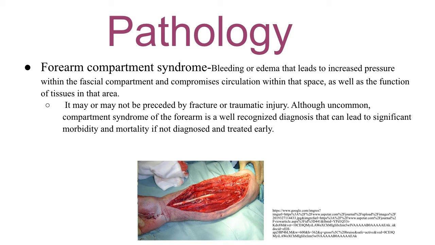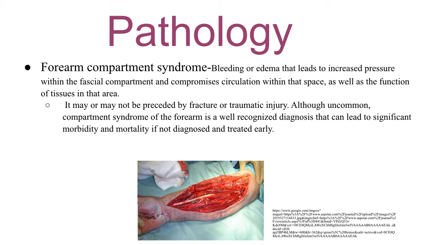Pathology. Forearm compartment syndrome is bleeding or edema that leads to increased pressure within the fascial compartment and compromises circulation within that space as well as function of the tissue in that area.